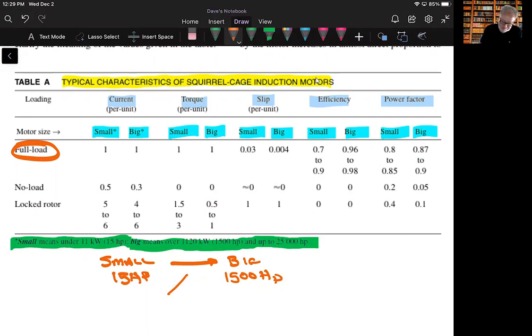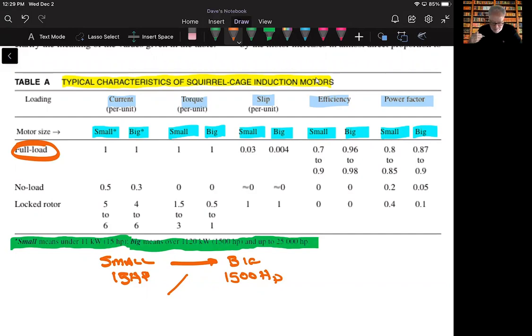And so there are those losses there. And the total reactive power, remember, it takes reactive power to create the flux.